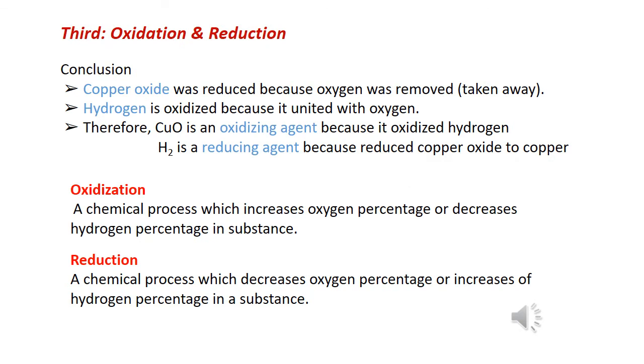We can define oxidation as a chemical process which increases oxygen percentage or decreases hydrogen percentage in a substance, while reduction, a chemical process which decreases oxygen percentage or increases hydrogen percentage in a substance.